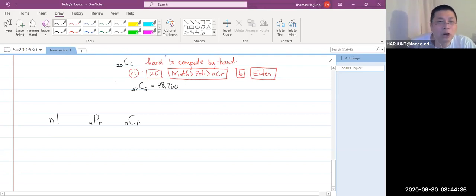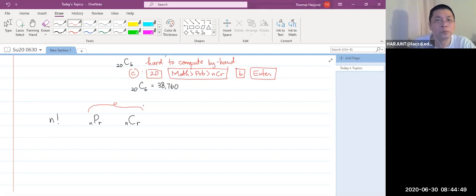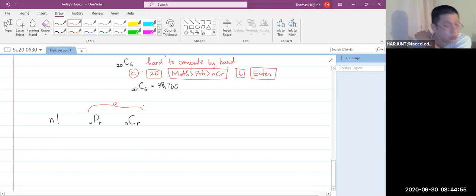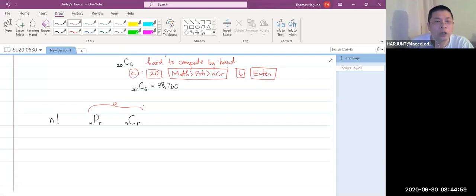Okay, nPr and nCr are very similar when it comes to the calculator notation, how you compute that by calculator. So I don't give an example for nCr anymore. Okay, now this n factorial, n permute r, and n combination r are just tools that relate to your calculator.